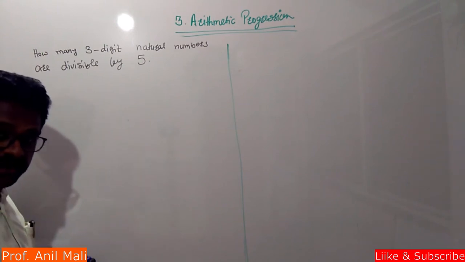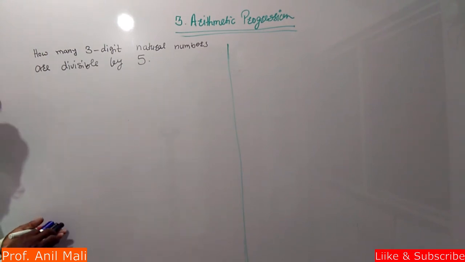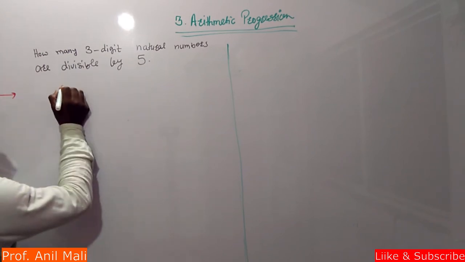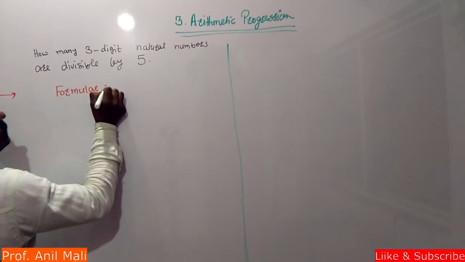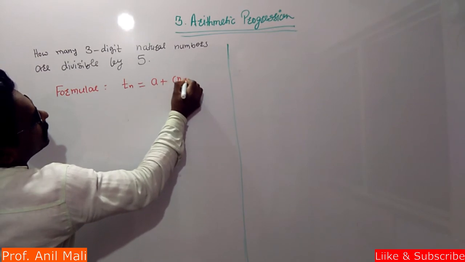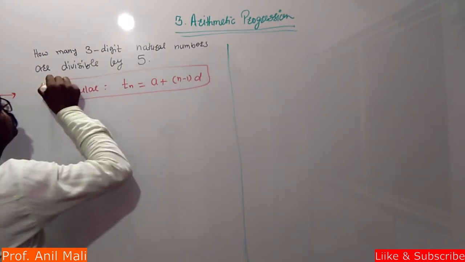Again we are going to use the same formula, that means the nth term Tn is equal to A plus n minus 1 into D. Okay, no problem. So the formula is Tn is equal to A plus n minus 1 into D.